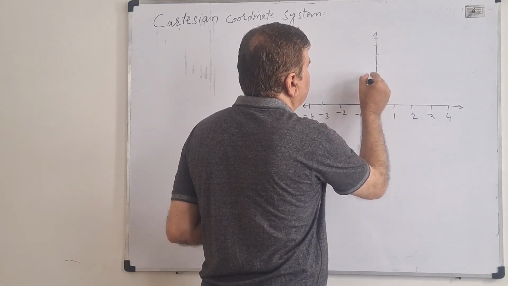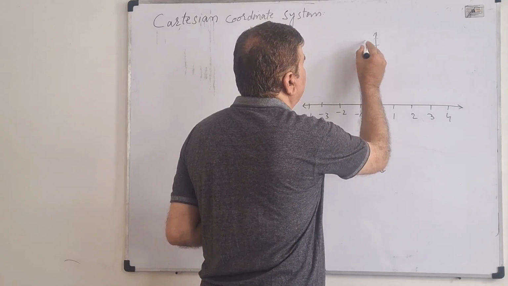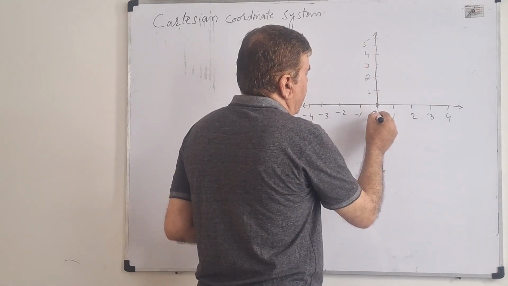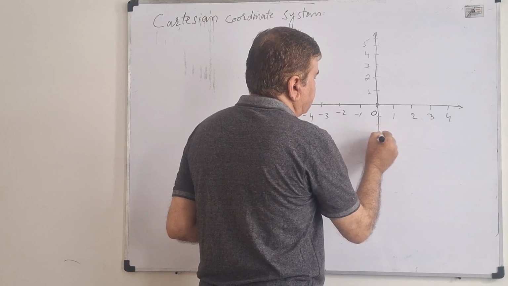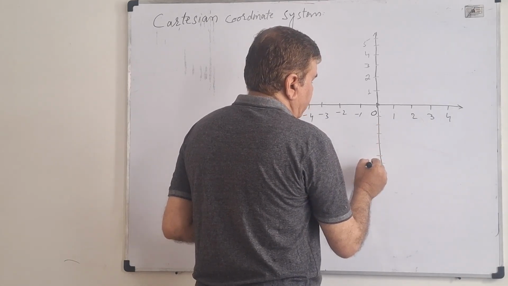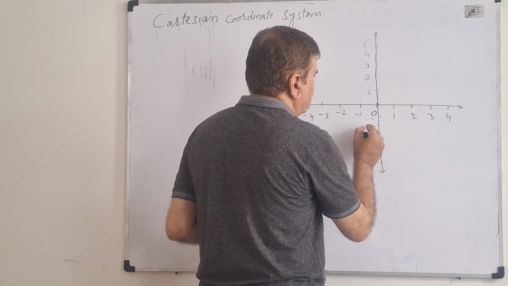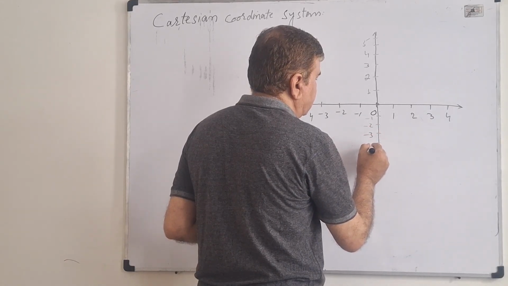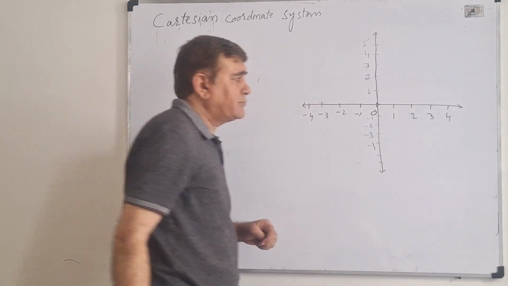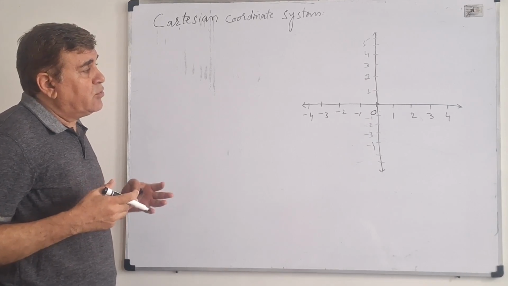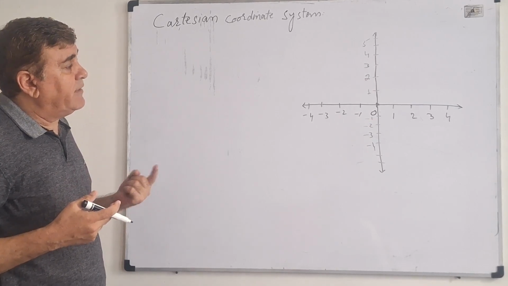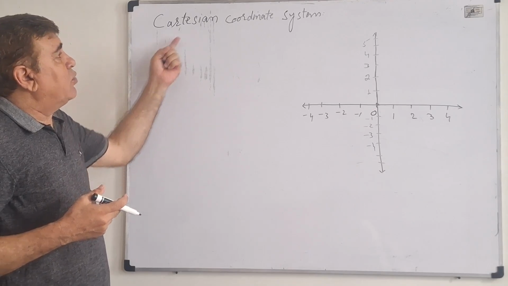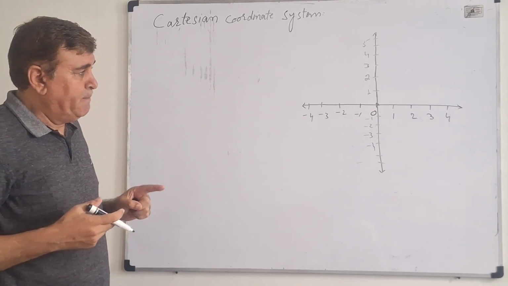So this is 1, this is 2, this is 3, 4, 5, and so on, and the negative values of this real line lie below, in the downward direction. This is -1, -2, -3, -4, and so on.